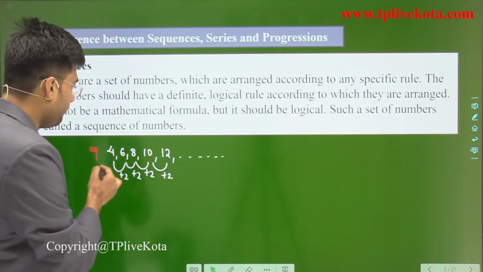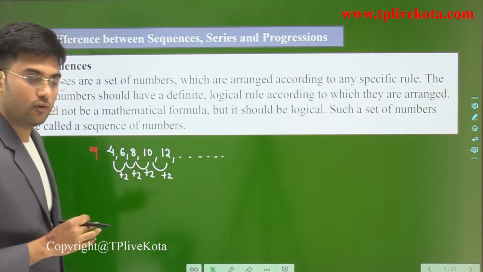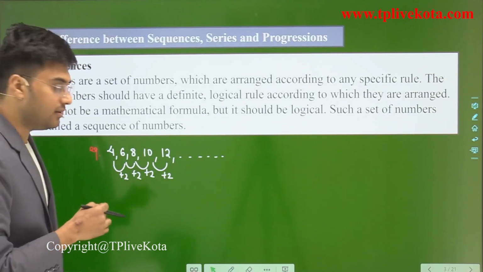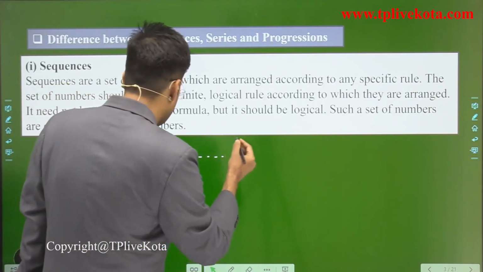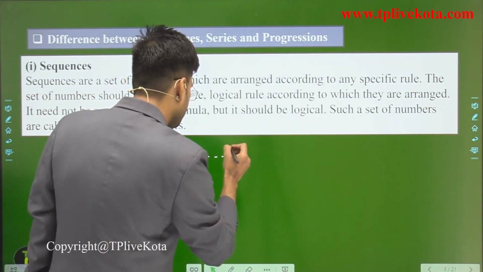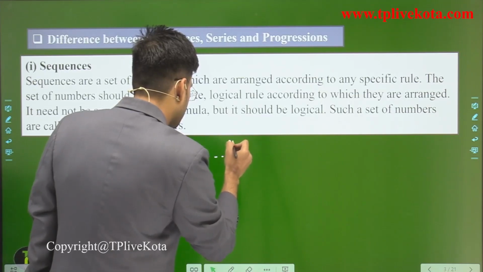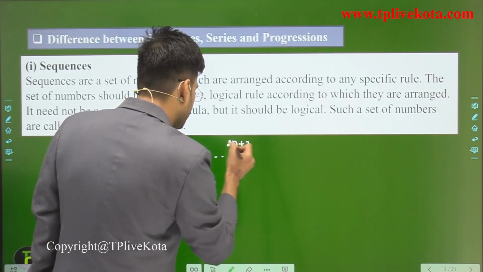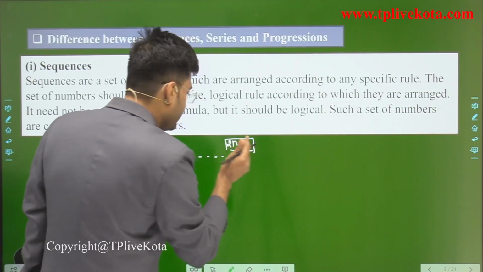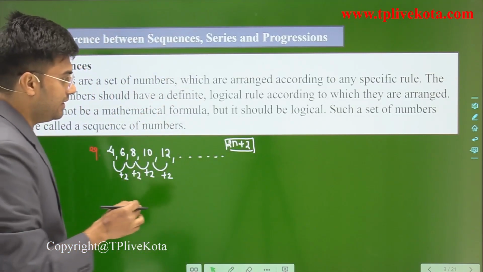Clear? And we can write the nth term formula here. What is the nth term formula? It is 2n plus 2.